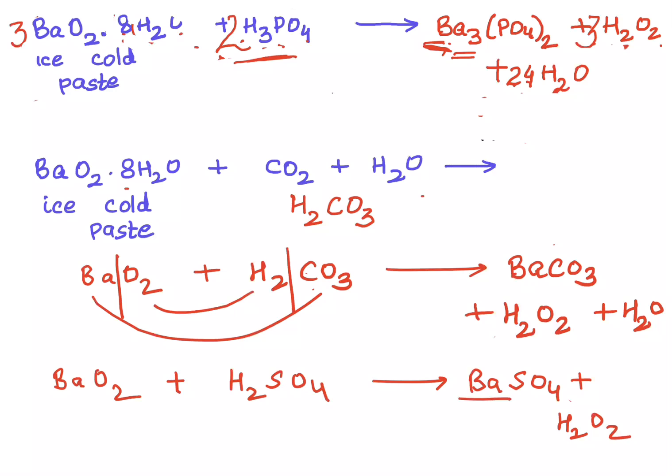Now in this case, the barium sulfate actually does not settle out completely, and some amount of barium ions will remain in the solution. So the hydrogen peroxide that will be formed in such a scenario will have a tendency to undergo decomposition because of the presence of the barium ions. Right?